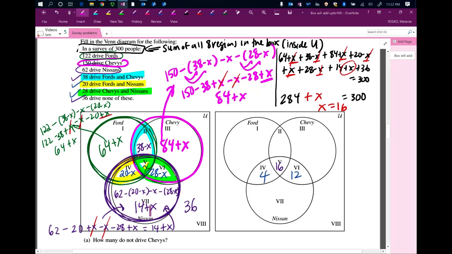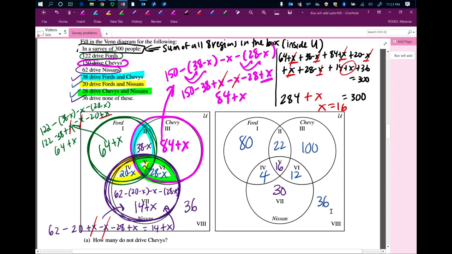Then we have 14 plus x, so 14 plus 16, we end up with 30. So 64 plus the middle of 16, you get 80 over here. 38 minus 16 is 22 right here. 84 plus 16, you have 100, and we knew we had 36 out here to begin with.